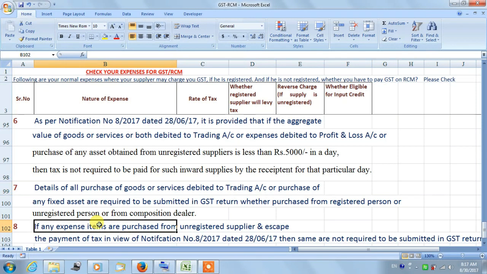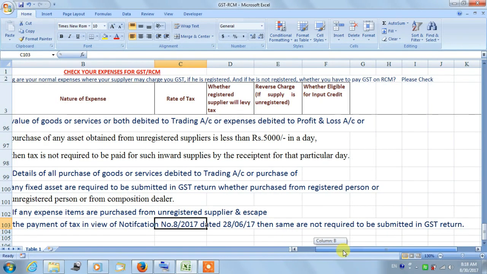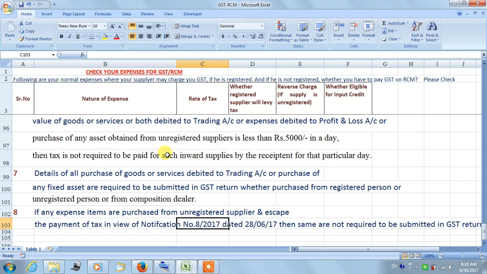If any expense items are purchased from an unregistered dealer and escape the payment of tax in view of notification 8/2017 above, which we were discussing, then the same are not required to be submitted in the GST return. Means if you purchase from an unregistered supplier and the amount is less than 5,000 in a day, then those expenses are not required to be entered in the GST return.